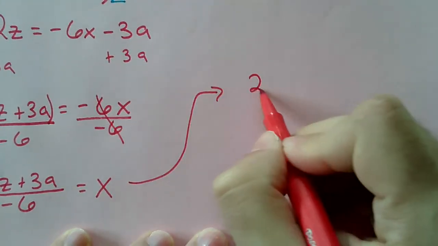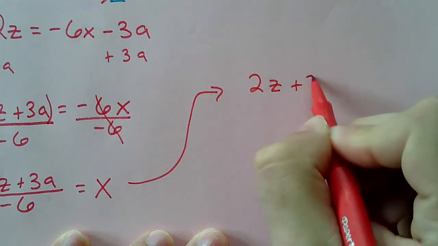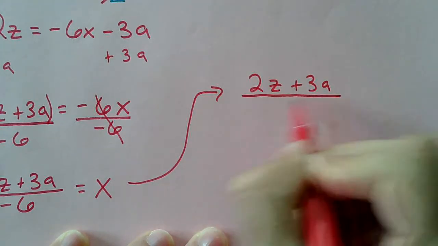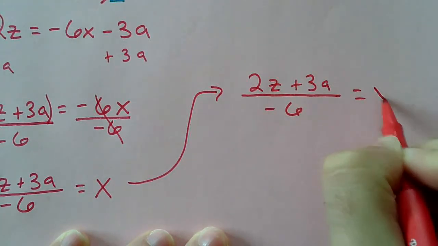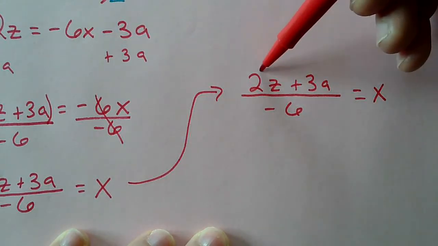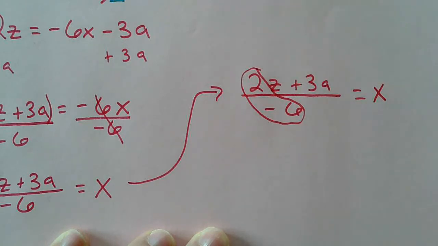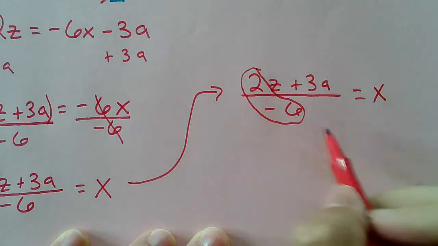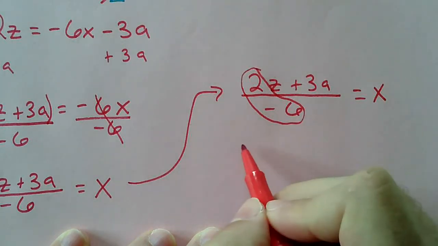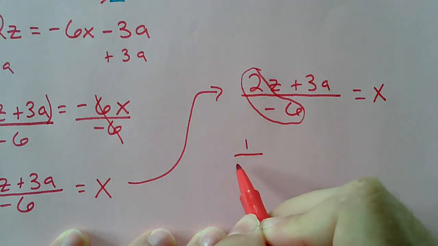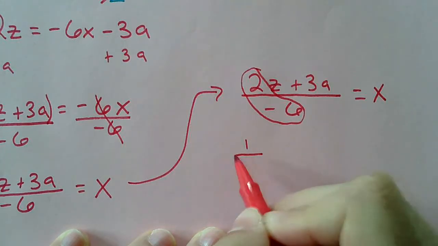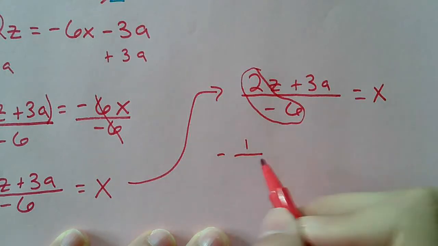If I rewrite it here, I have 2z plus 3a divided by negative 6. If I look at these as fractions, so I have a 2 over negative 6, that would reduce to be 1 over 3. I'm debating if I should put the negative. I'll put the negative up front.